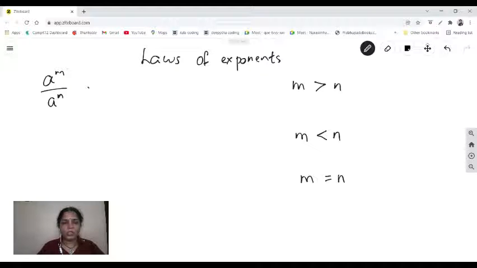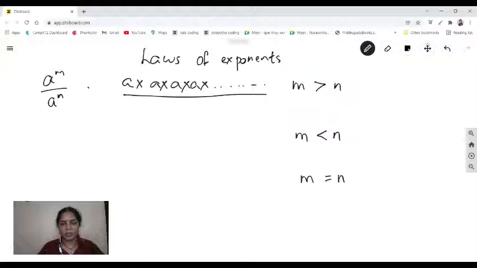Now if we go to this scenario, what happens? You are having many m's multiplied here. Many times the a is multiplied in the top, and there are fewer times the a is multiplied in the bottom.